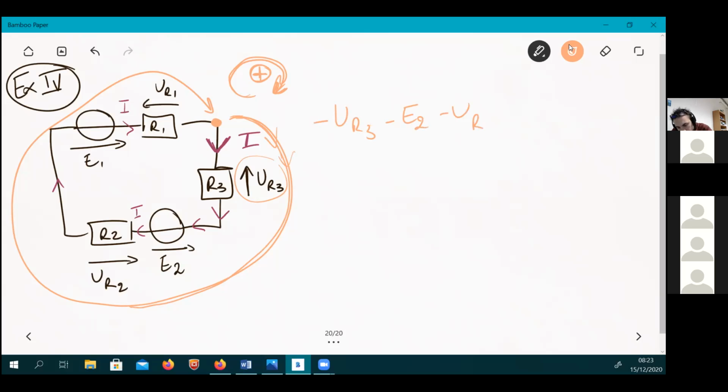Same thing for UR2. But now E1 is in the same direction that I picked, then I face UR1 in the opposite direction. And this is the mesh law I apply from this node going in this direction.